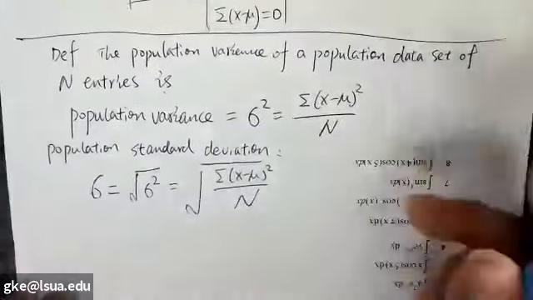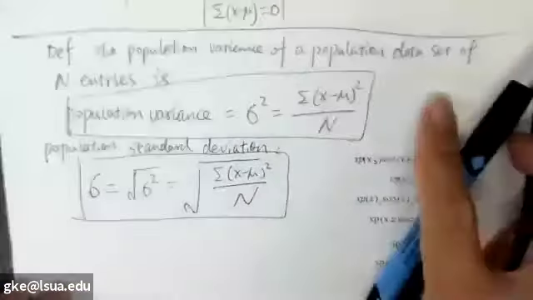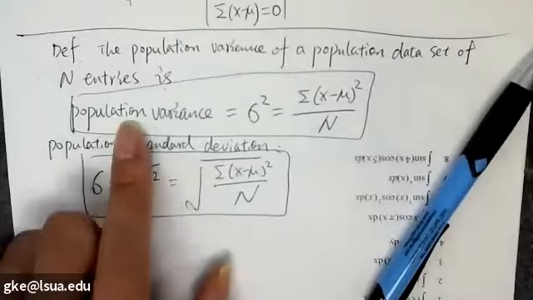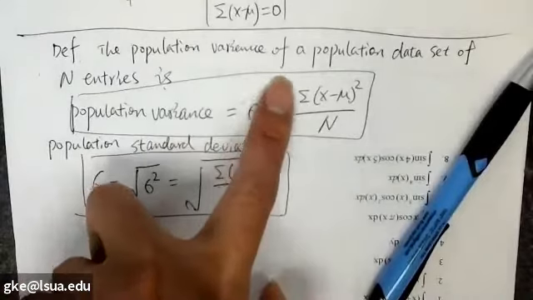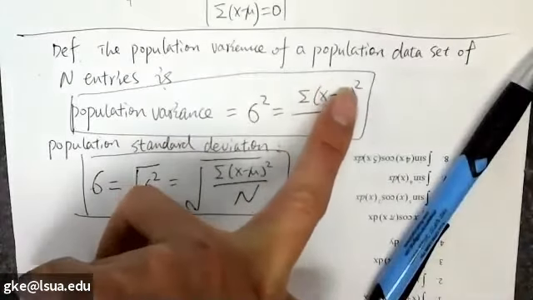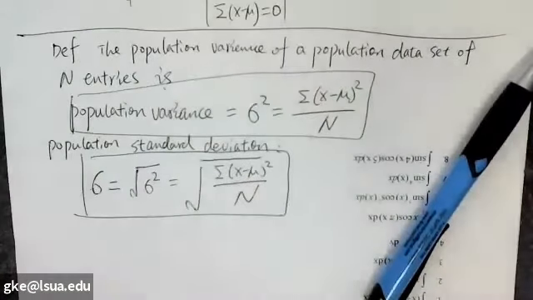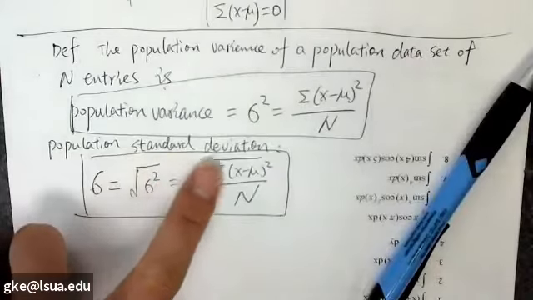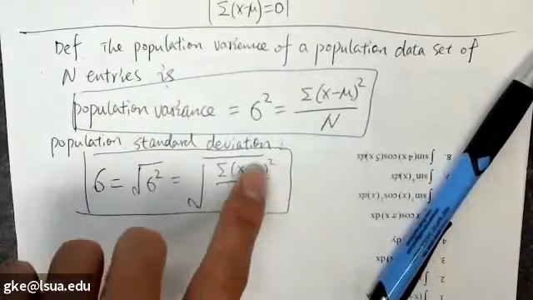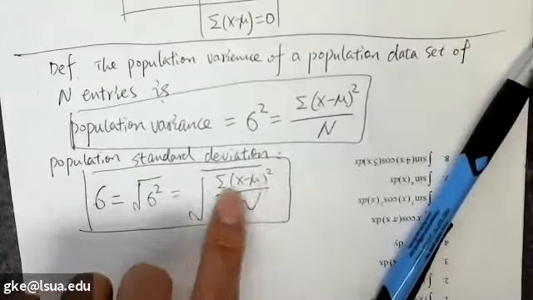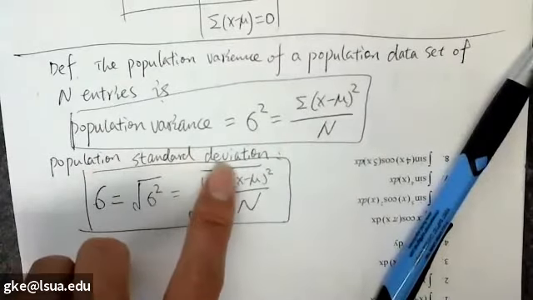So those are the 2 basic formulas. One is population variance, defined as sigma square equals the summation of x minus mu squared, divided by n. And the population standard deviation is very simple. After you get the population variance, you just do the square root.